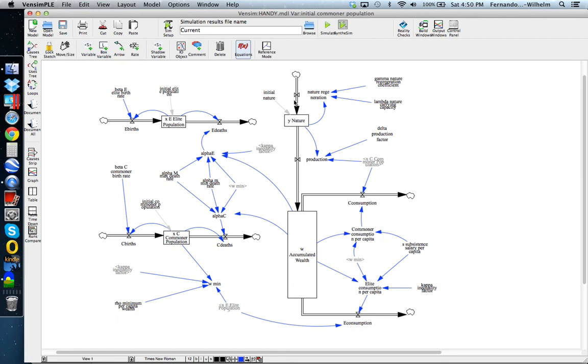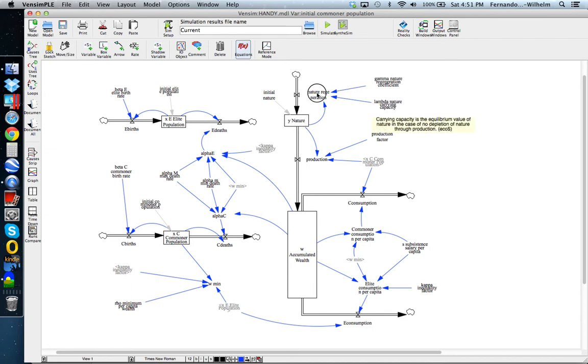Let's take a look at the right-hand side of the model, and we have the nature stock. The nature stock is fed by initial nature, and once that is fed, the initial nature gets depleted by production, okay, and it gets regenerated. Also, the nature regeneration is driven by a regeneration coefficient gamma and the carrying capacity.